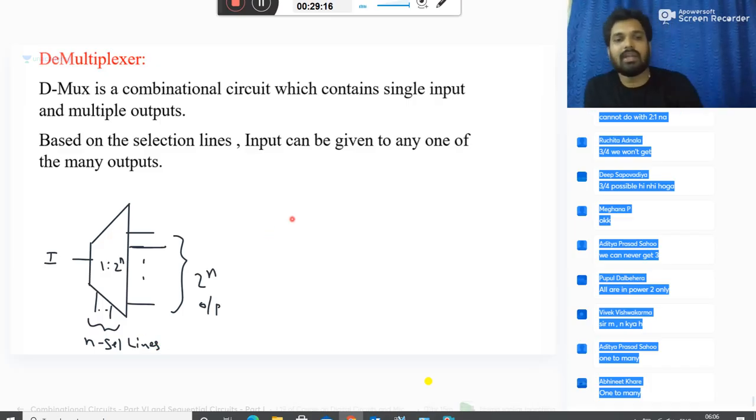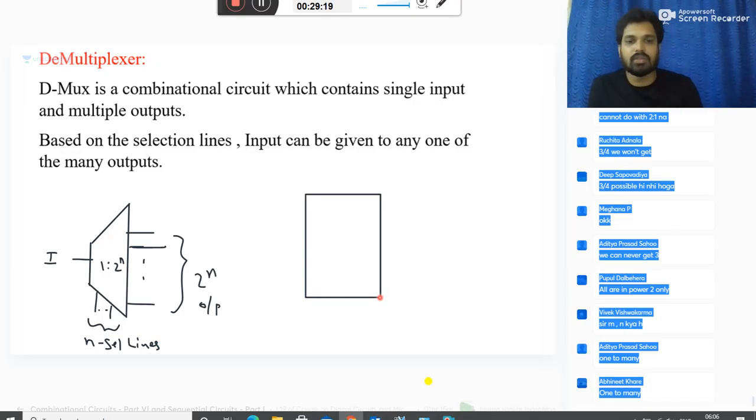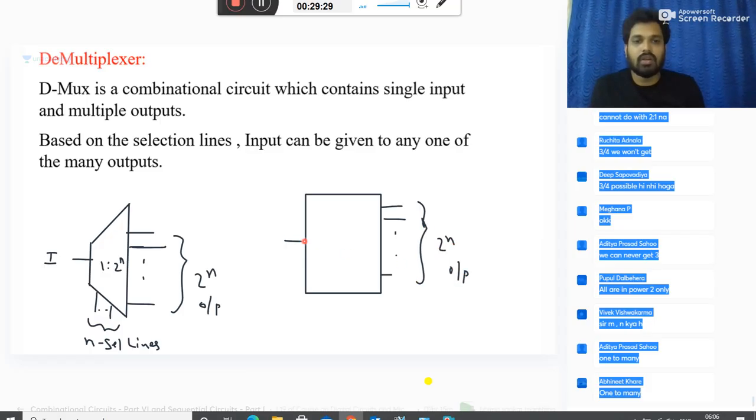You can represent demux like this also: 2 power n outputs, 1 input and n selection lines. This is a 1 to 2 power n demux. So you will have n selection inputs and 2 power n output lines. Based on the selection lines, the input can be transferred to any one of the outputs.